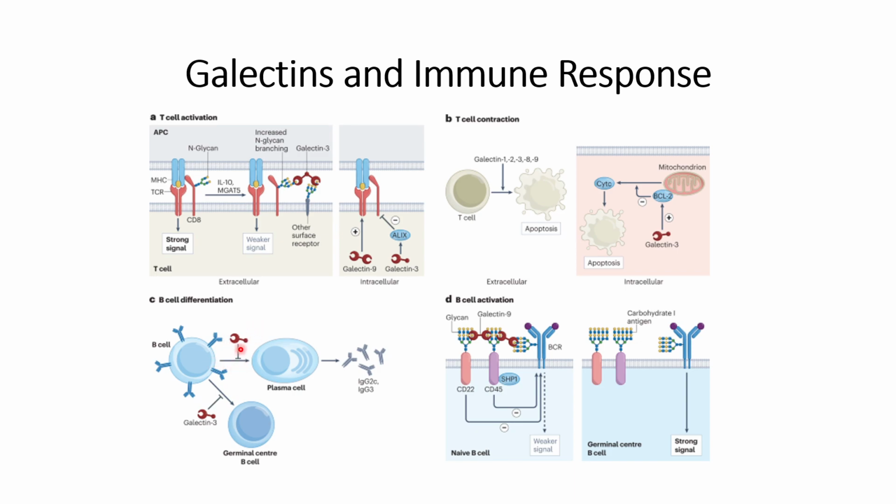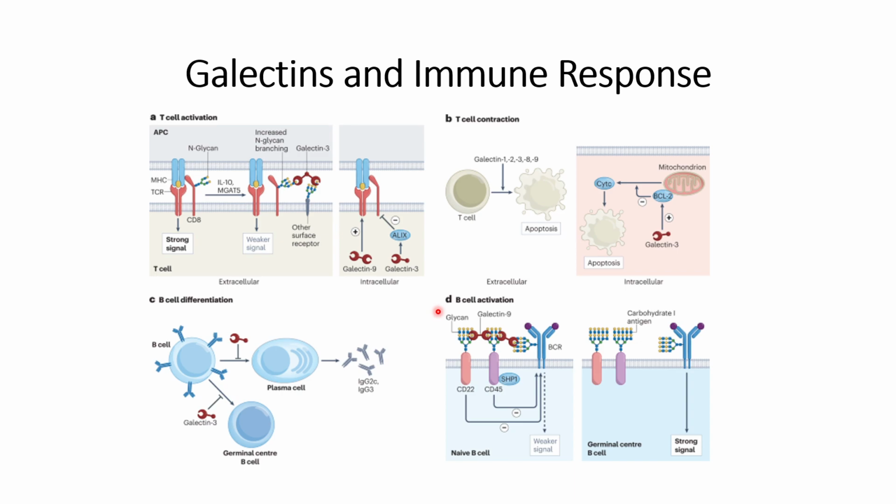In the absence of galectins, B cells can also differentiate into plasma cells, and these plasma cells can also produce antibodies such as IgG2c or IgG3. So this can cause an autoimmune response. In these B cells, galectins help in preventing undesired differentiation to prevent the autoimmune response.